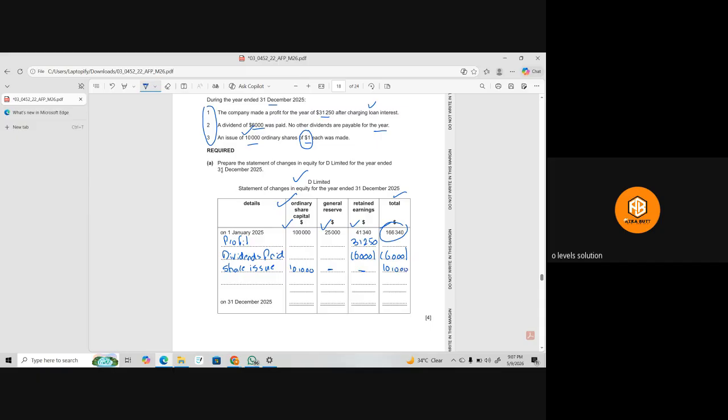So let's find out the total. Here we have 100,000 and 10,000, which is equal to 110,000. 25,000 as it is. Then 31,250 minus 6,000.